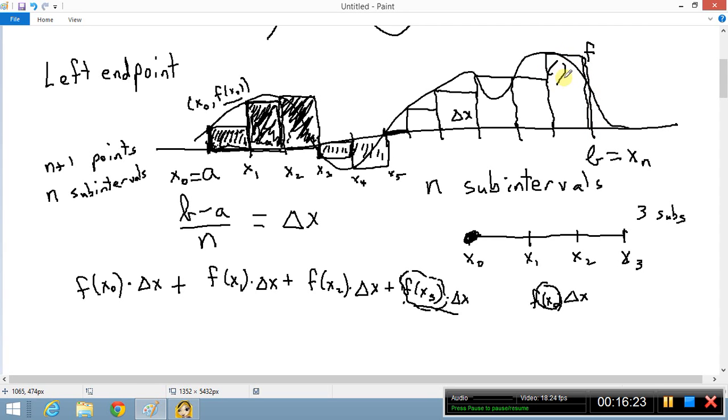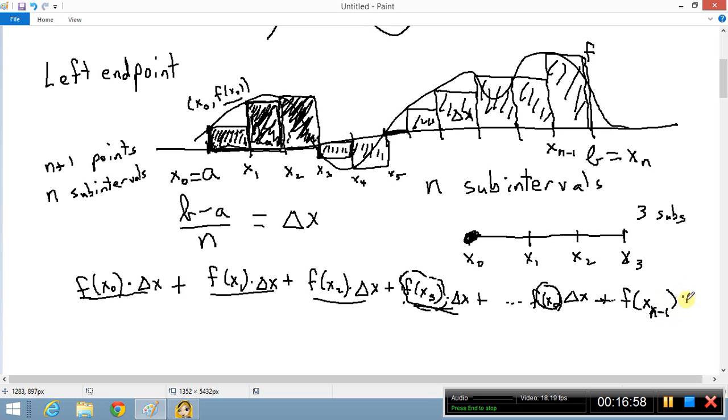So all of these areas added together, all of these products added together, the last one will be, let's just put dots in here, f of x sub, let's see, this is x sub n, the last rectangle, the next to the last point is x sub n minus 1. So x sub n minus 1 gets plugged into the function and multiplied by delta x.